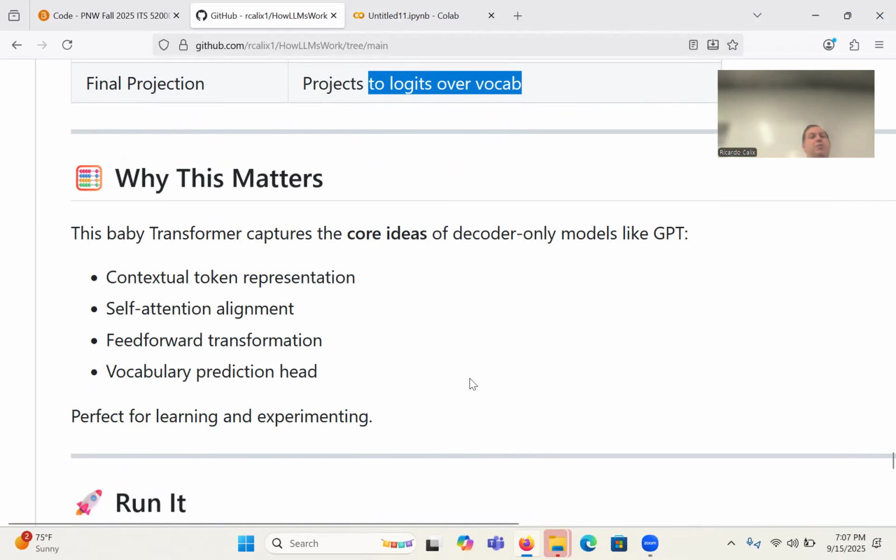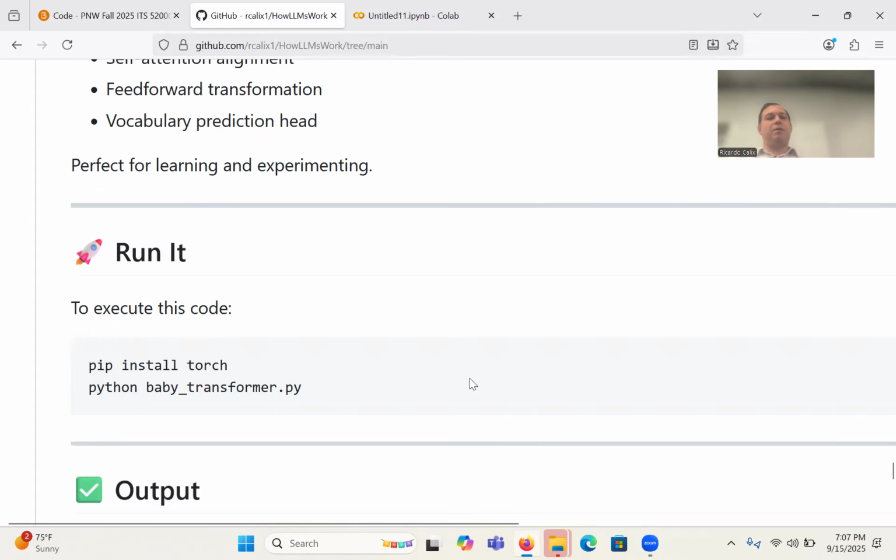So this baby transformer has captured a lot of the core ideas of a decoder-only GPT. It's got self-attention, contextual token representation, feed forward, and the vocabulary prediction head, which we will see is the same with Hugging Face. Okay? And that's it.